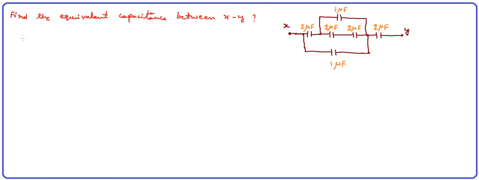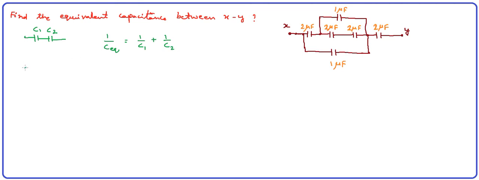If two capacitors are in series, the equivalent capacitance: 1 by C equivalent is equal to 1 by C1 plus 1 by C2.